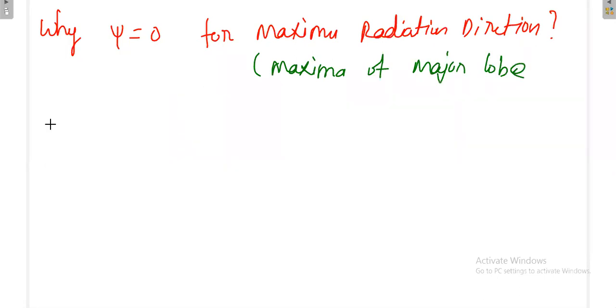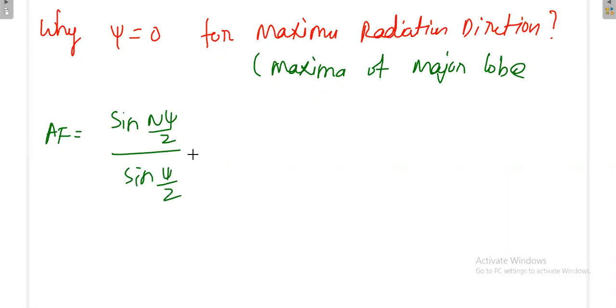Finally, your answer is going to be decided by the array factor. The array factor value is sin n psi by 2 divided by sin psi by 2. A few minutes before, we concluded that this array factor becomes maximum only when psi is equal to 0.